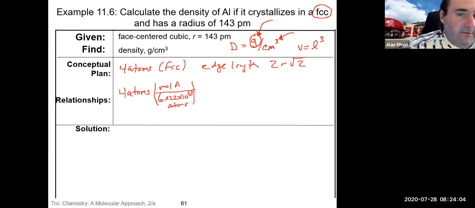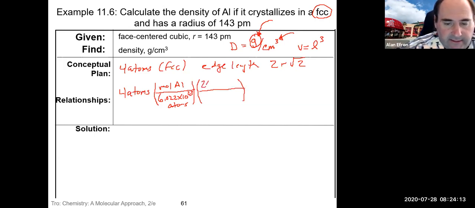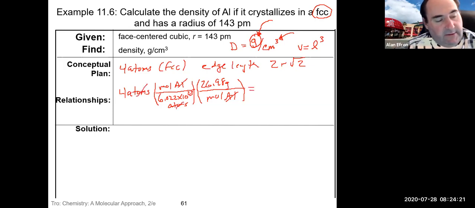and that will get us moles of aluminum, but we don't want moles, right? We want grams. So we're going to do a basic calculation, 26.98 grams per mole of aluminum. The moles of aluminum cancel, the atoms cancel, and that will get us grams.